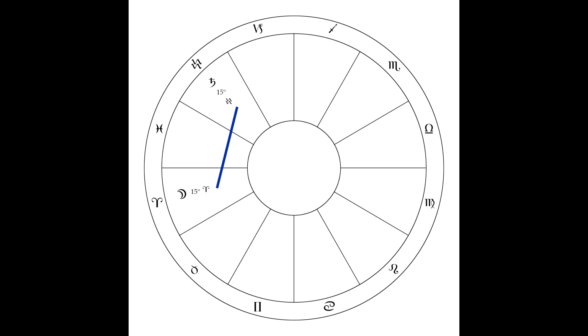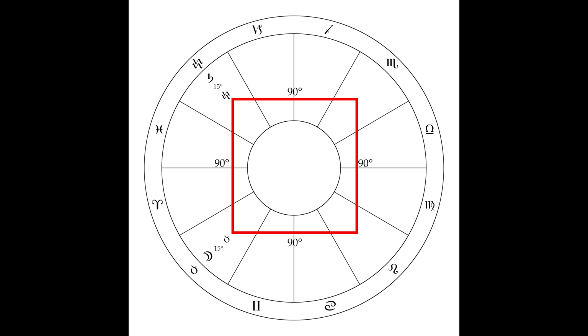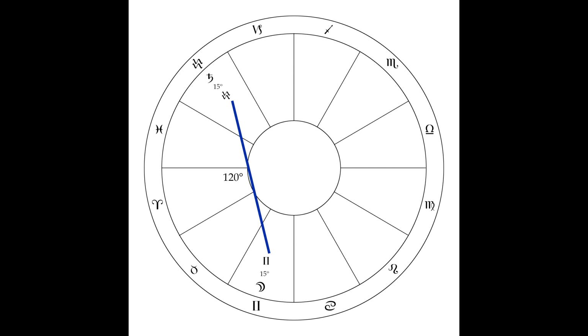So, for instance, if two planets come to be about 60 degrees apart, they start to form the shape of a hexagon. If two planets get 90 degrees apart, they start to form the shape of a square. If two planets get 120 degrees apart, they start to create the shape of a triangle. And if they are 180 degrees apart, they make the shape of a line.